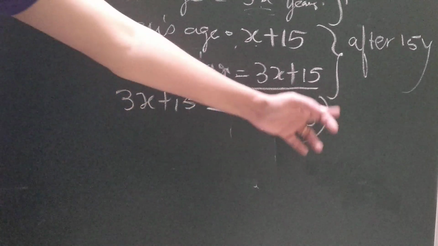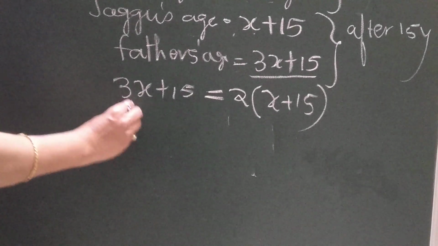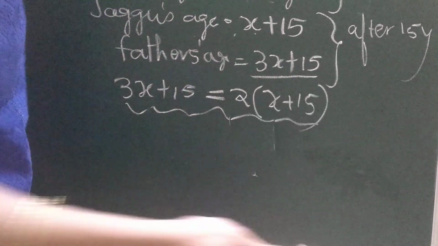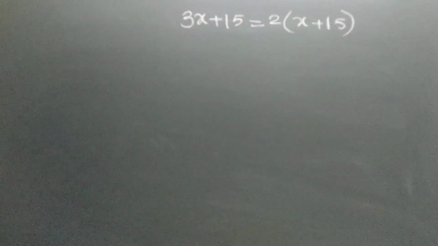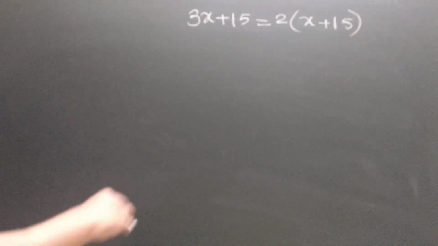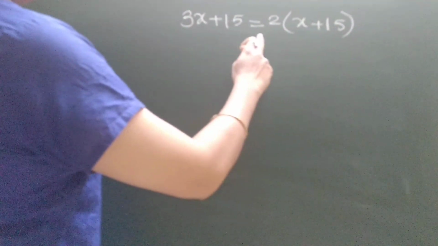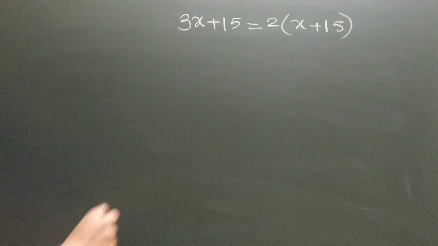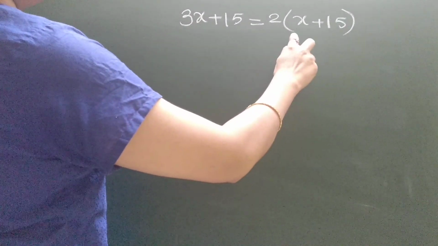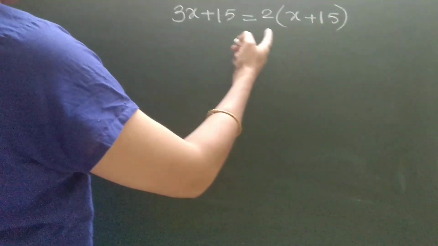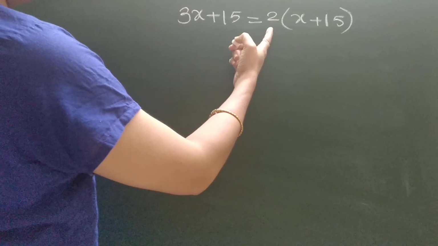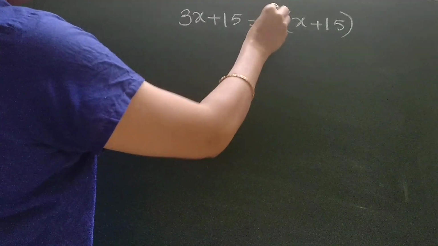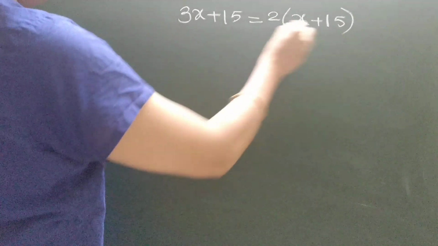Here we get our equation which we will be solving. The equation we need to solve now: 3x plus 15 is equal to 2 times x plus 15. See, when there are 2 terms in the bracket and a multiplier, that means we have to multiply each term by this multiplier.